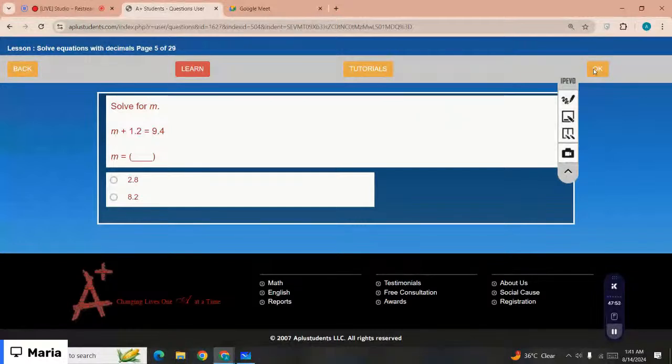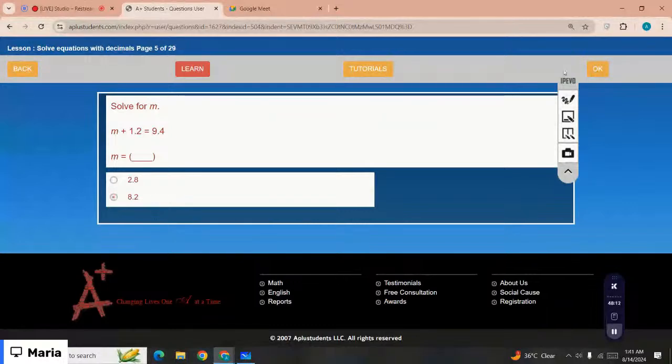That is 8.2. The correct option is 8.2. Option number 2 is the correct option. Got it?